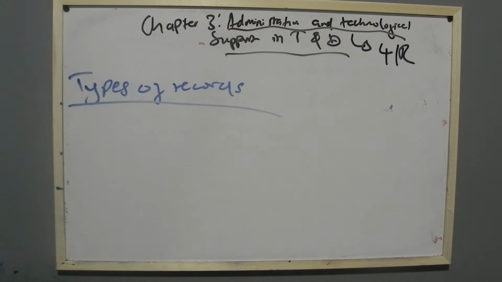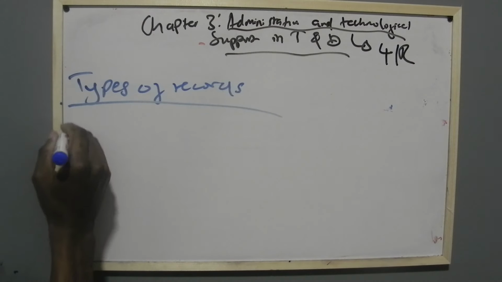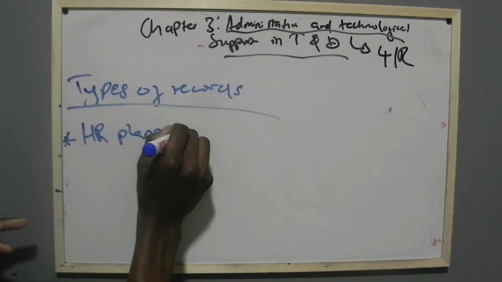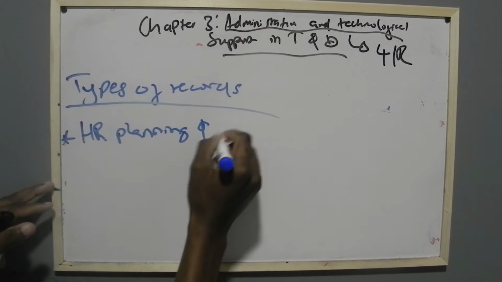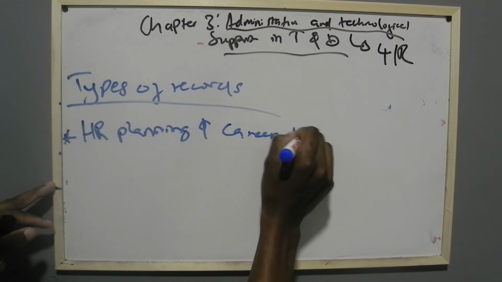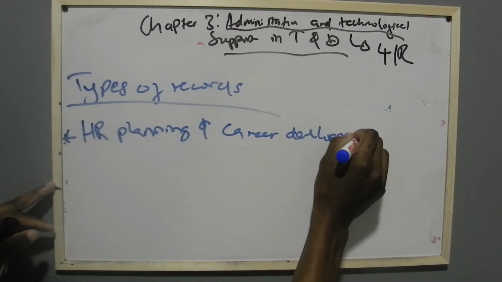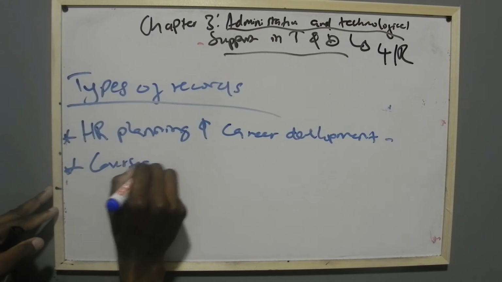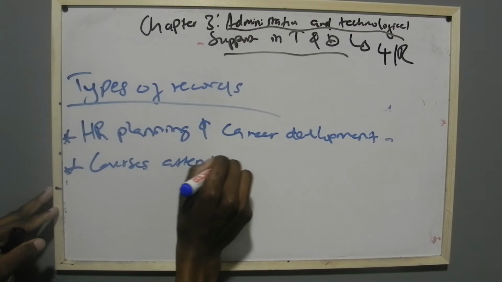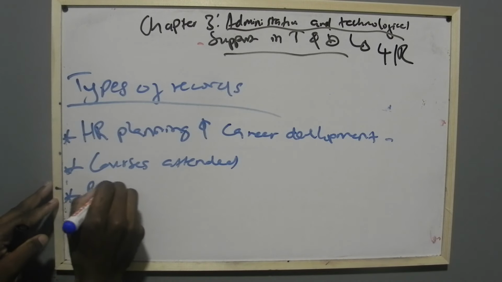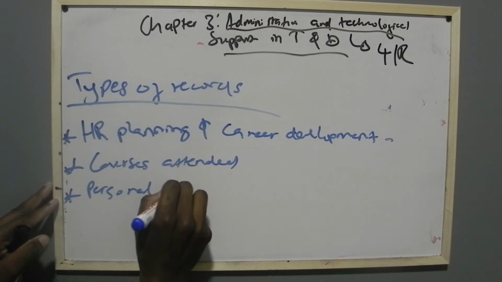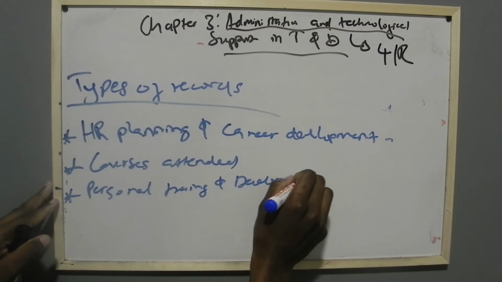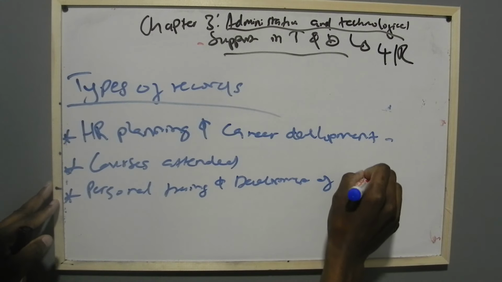The types of records can be human resource learning and career development, number 2, courses attended, and the personal training and development of employees.